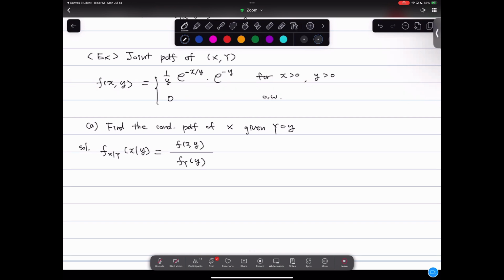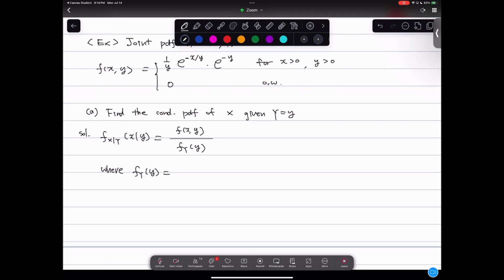So the first step is I have to go get the marginal. I'm going to get f of y, which by definition is you integrate your joint with respect to x.